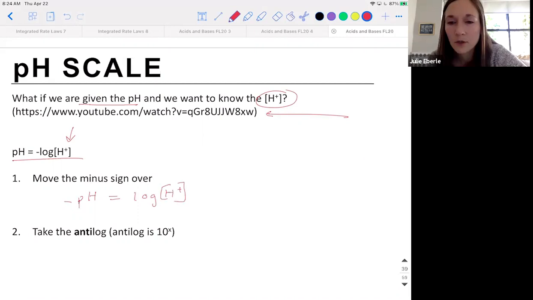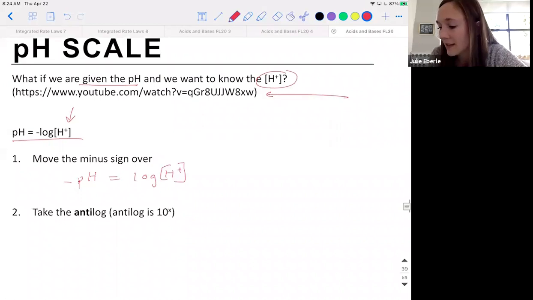Just like you're dividing both sides by a minus. Then you take something called the antilog. Anybody ever heard of an antilog? How you undo a log function? Logarithmic functions have a base power of 10. So what that means is we're going to raise both sides to an exponent with a base of 10.